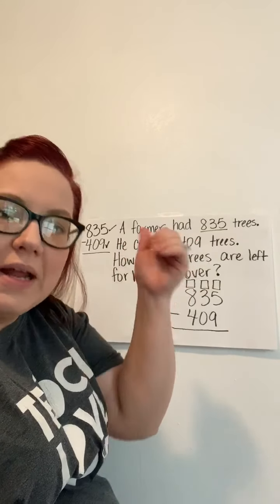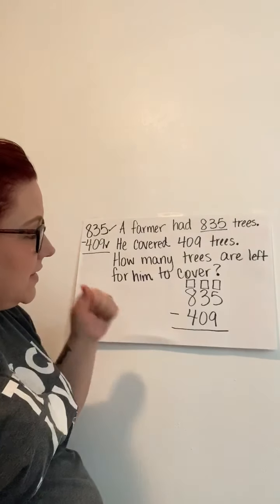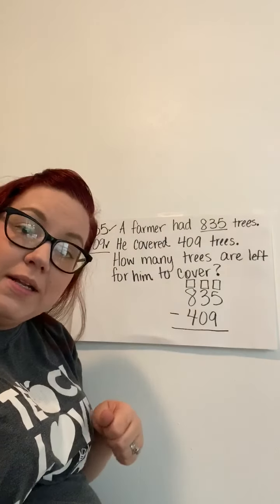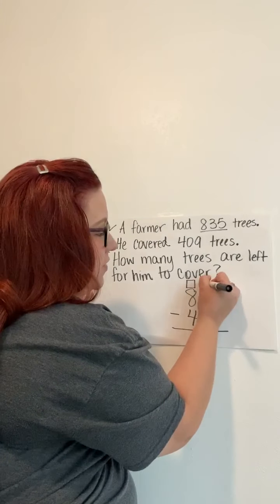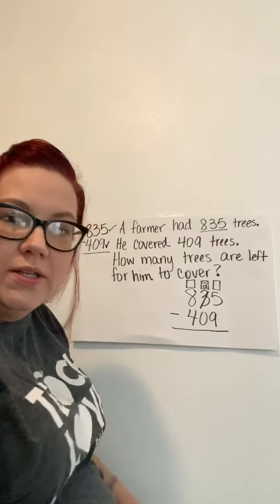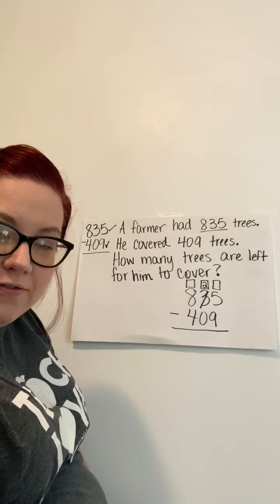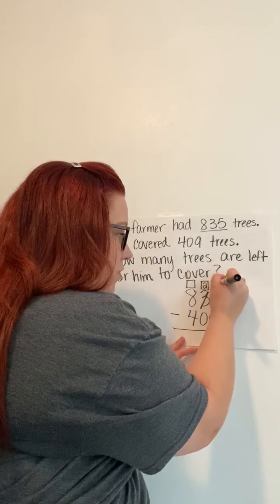No. So I'm going to have to go to my neighbor and I have to borrow some ones from him, right? So I go next door and I say, knock, knock, knock. Hey, neighbor, I need to borrow 10 of your ones. He says, all right. So he's got 2 groups of 10 left. And now I'm bringing 10 ones over to add to the 5 that I have. So 10 plus 5 gives me 15 ones now.